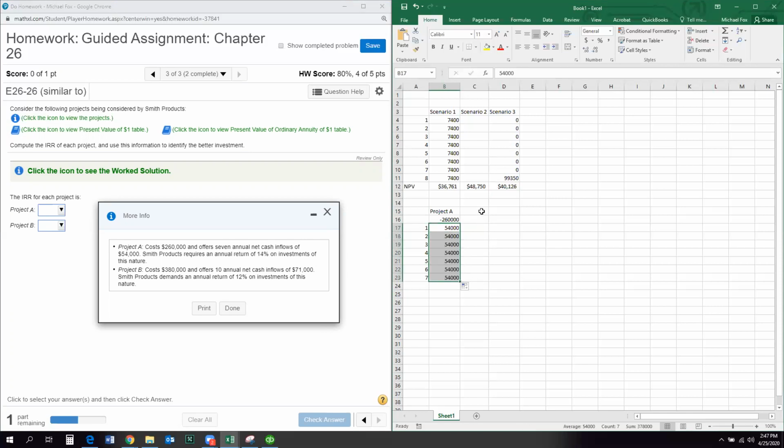And then project B is going to cost us $380,000 up front. So I'm going to put that in as negative $380,000. And then it's going to pay us $71,000 a year for 10 years.